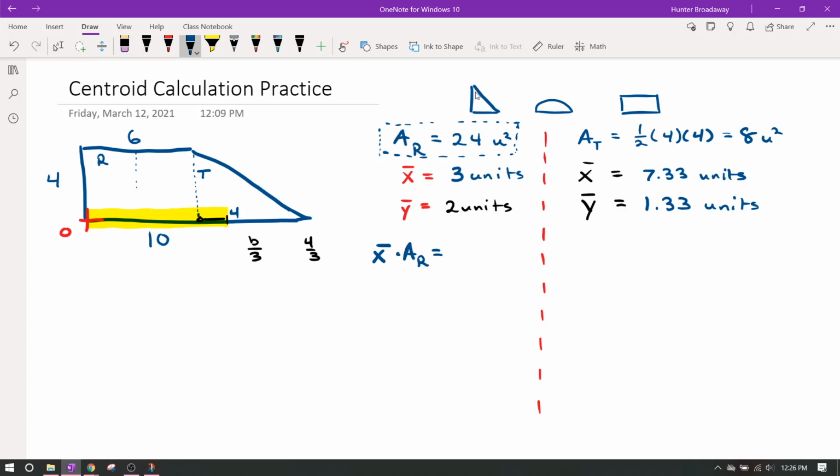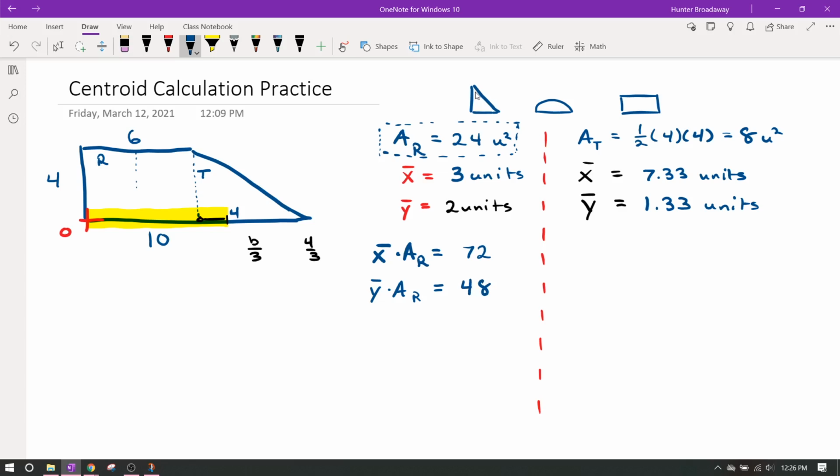I'm going to multiply that out, and that comes out to be 72. Technically that would be units cubed, but we're really only interested in the number for the moment. The areas are going to end up canceling, and I'll show you that in just a second. The y bar times the area of the rectangle is going to be 2 times 24, and that comes out to be 48 units.